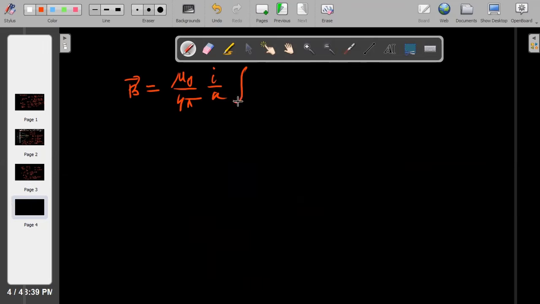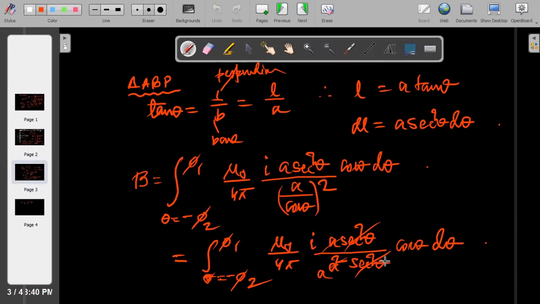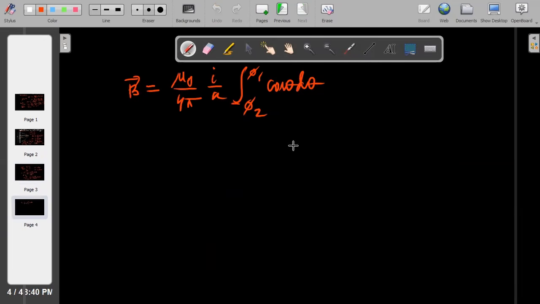It will be changing from minus phi 2 to phi 1, cos of theta into d theta. Please check. Yes, cos of theta into d theta. So it will be mu naught by 4 pi I by A, and the integral of cos theta will be sin theta, from minus phi 2 to phi 1.